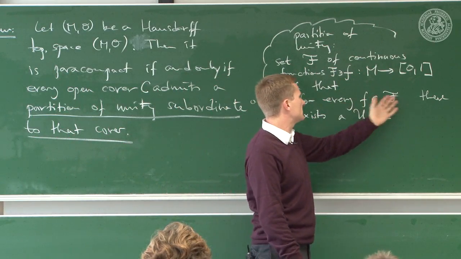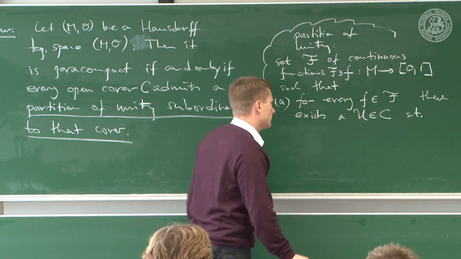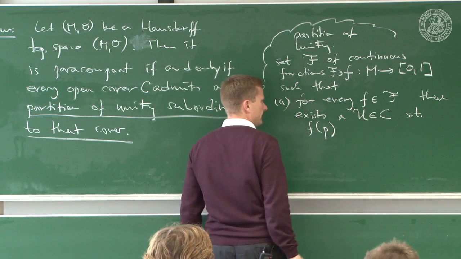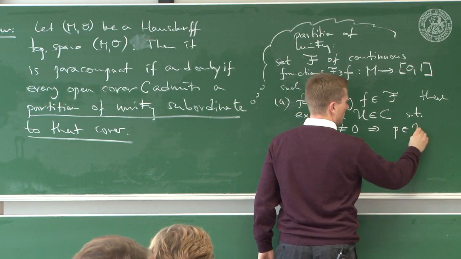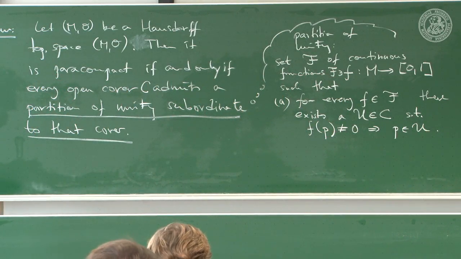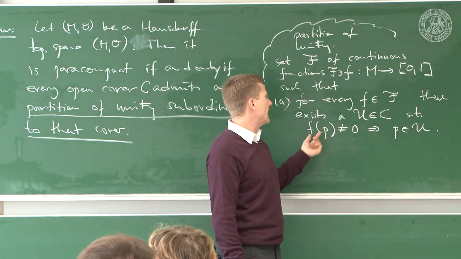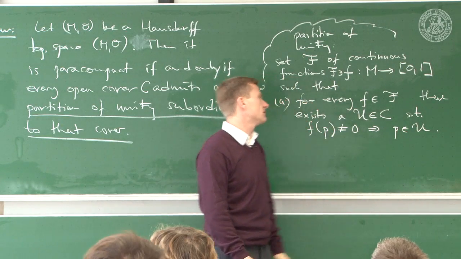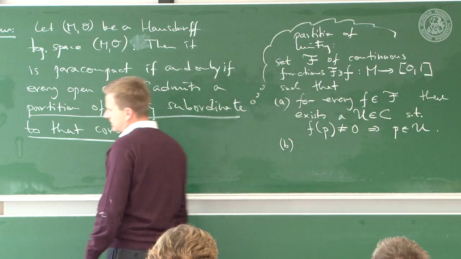You find these functions such that there exists a U in C such that f of p non-zero implies that the p already was in that element of the cover. You could also say the function f has support only on that set U. That's the first condition.